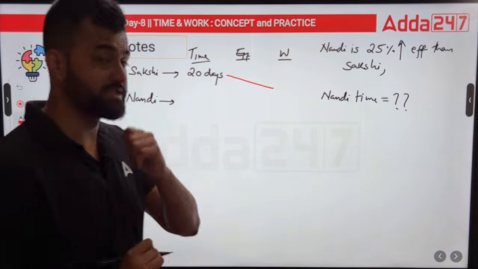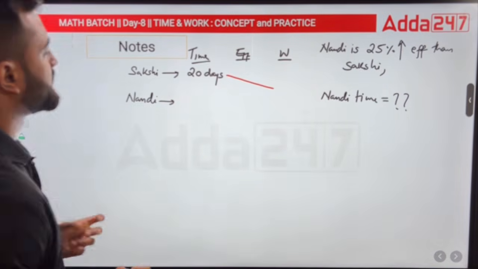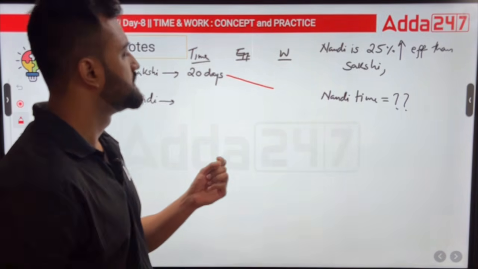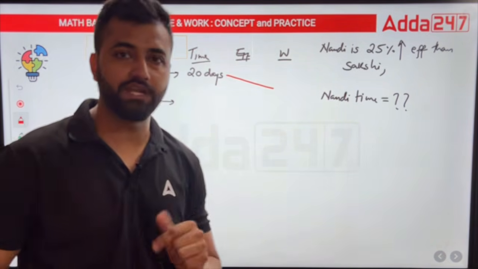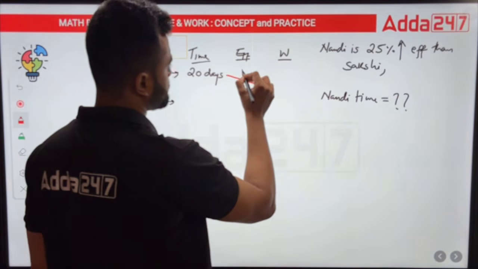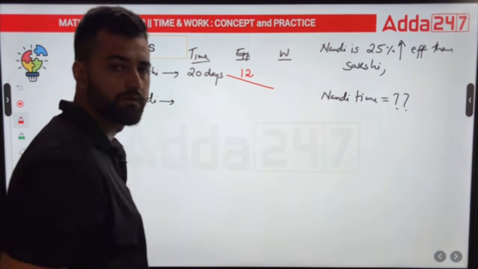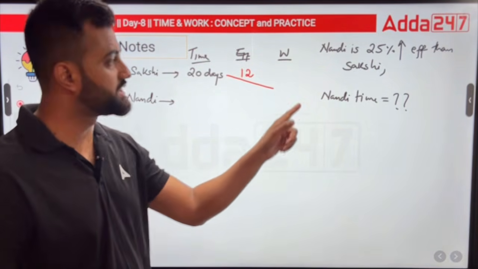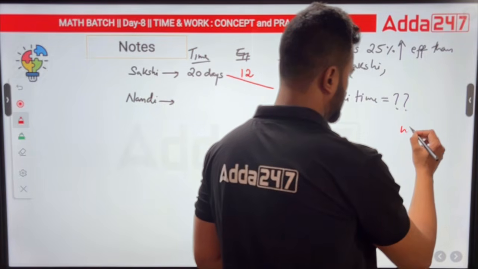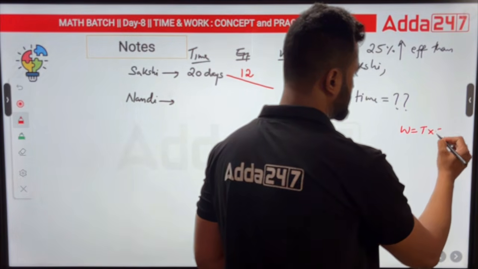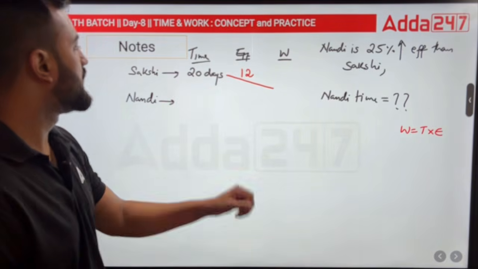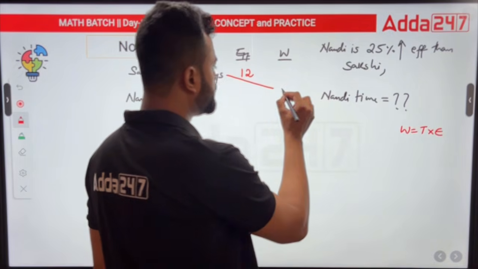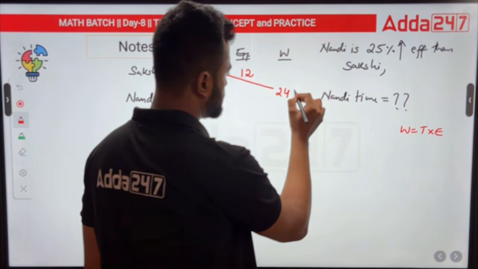For example, suppose 12, let me take 12. In that case, what will be the total work? We know that work is time into efficiency. So here my work would be 20 into 12, which is 240. So 240 will be the total work.